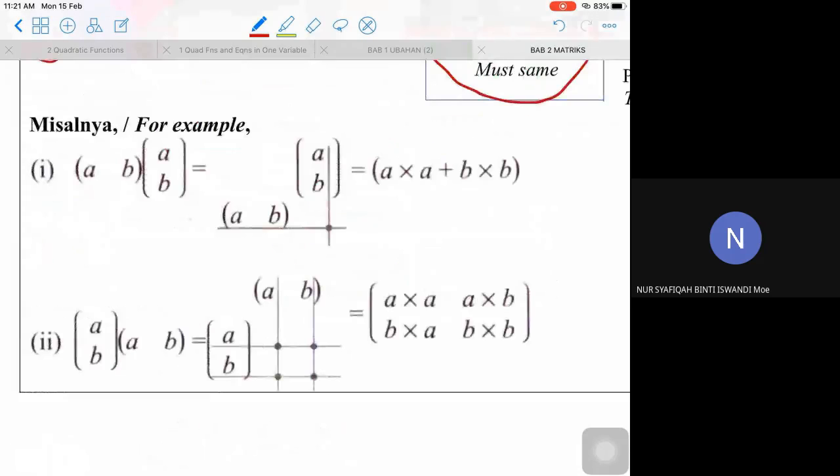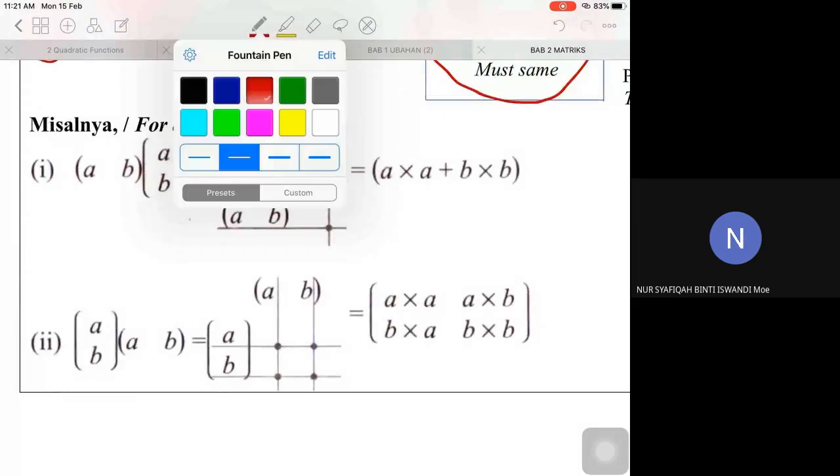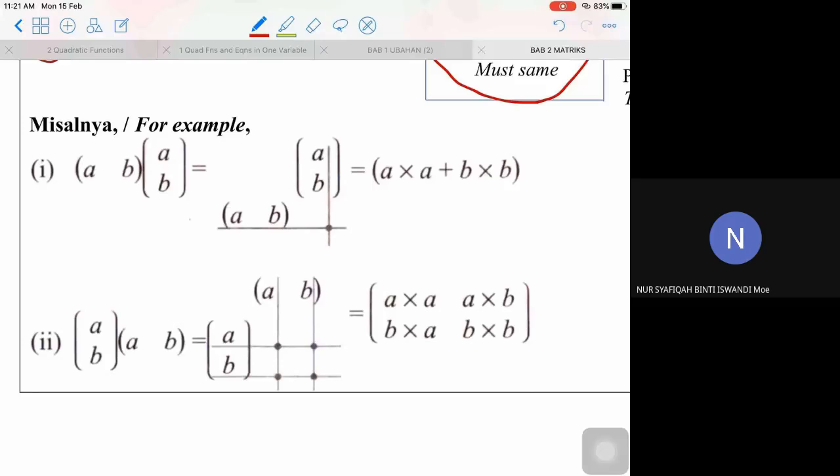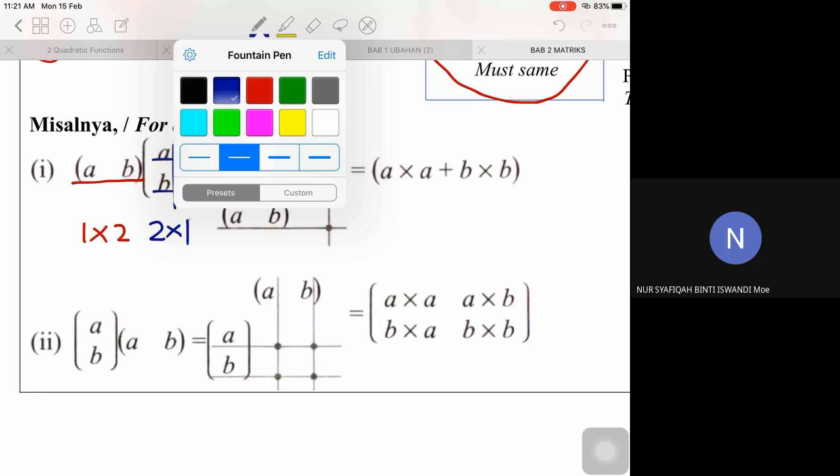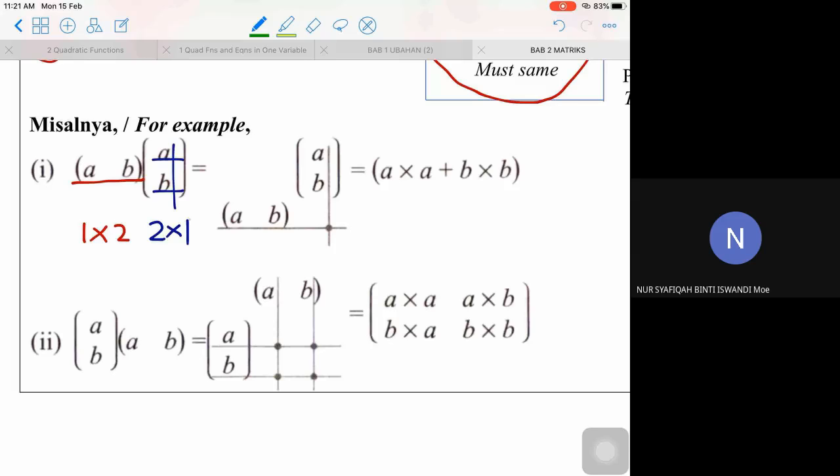If you look at AB here, the first matrix, the order is one row, two columns, is it? 1 times 2. And then the second matrix has how many rows? 2 rows and 1 column. So 2 times 1. Now the column of the first matrix is equal to the row of the second matrix, is it? Equal.